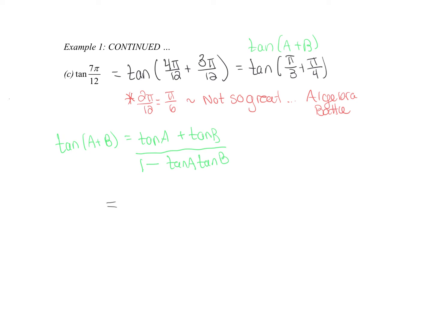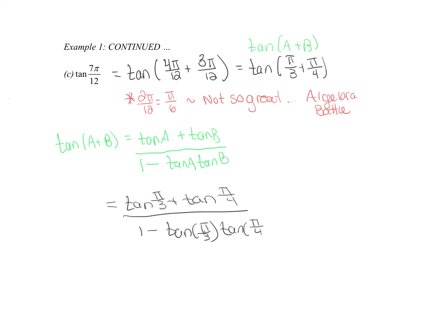So this means I have tangent of pi over 3 plus tangent of pi over 4 over 1 minus tangent of pi over 3 tangent of pi over 4.